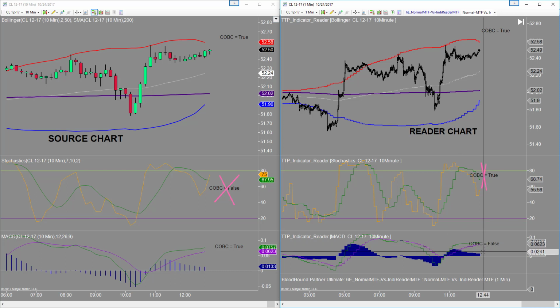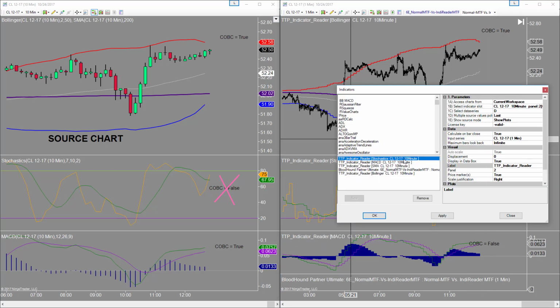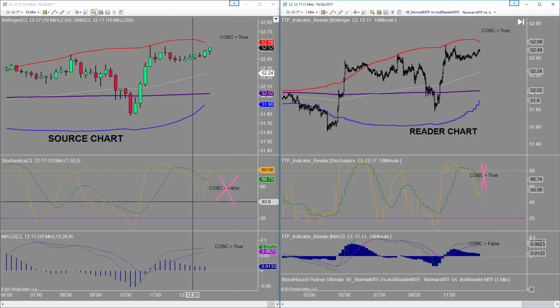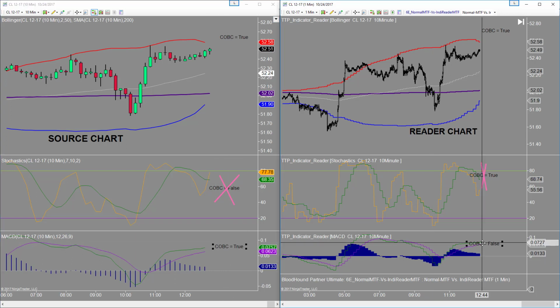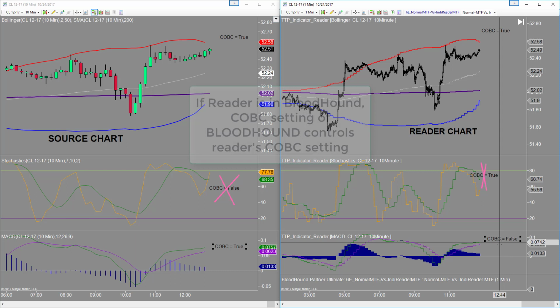Okay, so basically the takeaway is if the indicator reader is set to true, which again is this property right here, calculate on bar close that we're talking about under the data heading, then the source chart indicator also has to be set to true. It cannot be set to false while the indicator reader is true. So they both have to be false, they both have to be true, and the only different combination that works is when the source is set to true and the indicator reader is false.